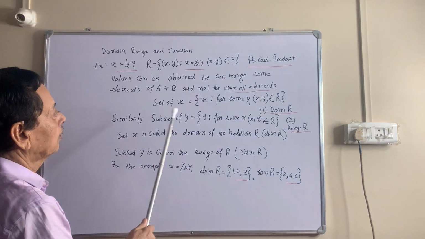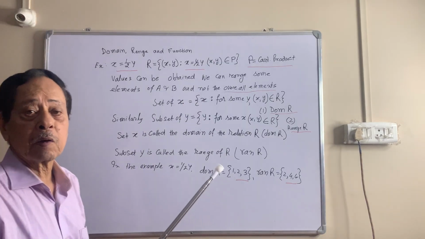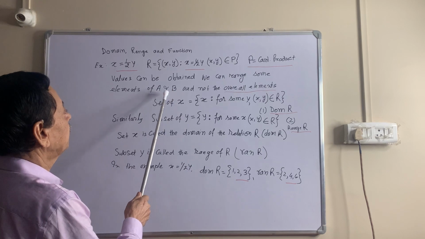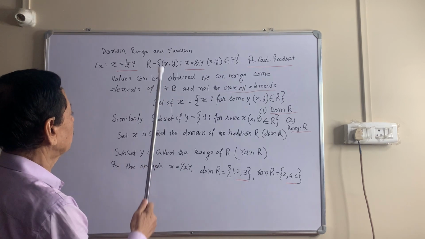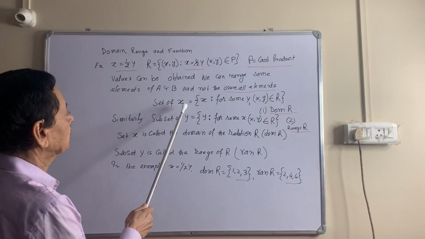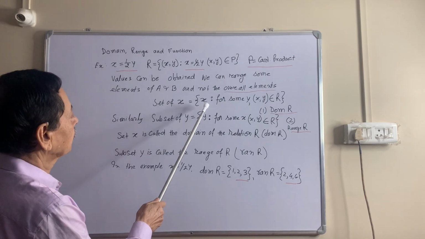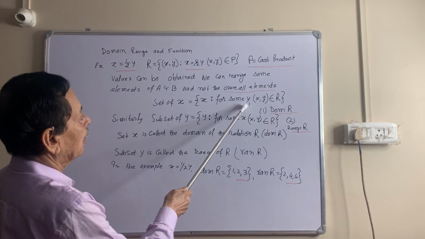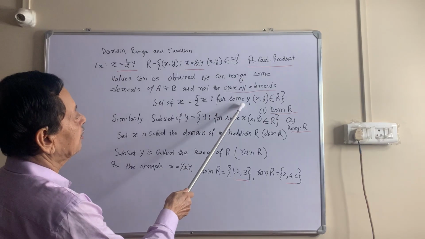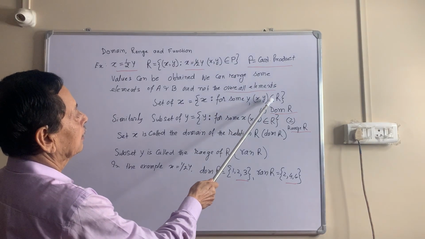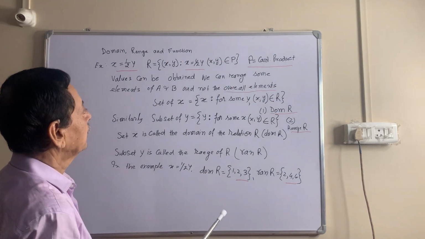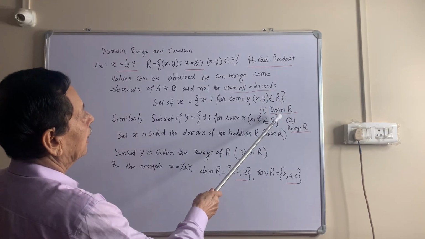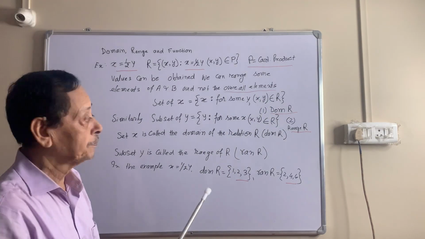So we need not take all elements, but we can take some of the elements of A and B. Now the set of x for some y such that xy is included in R.